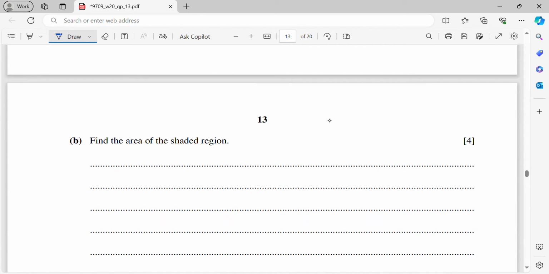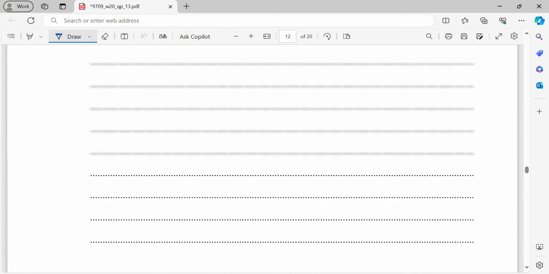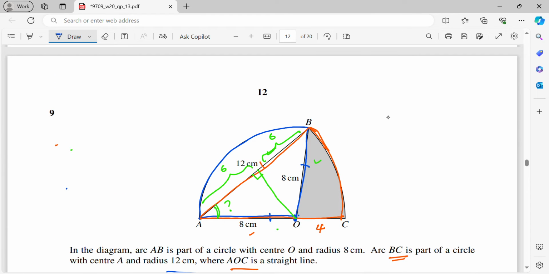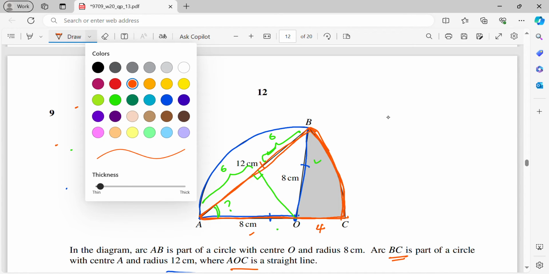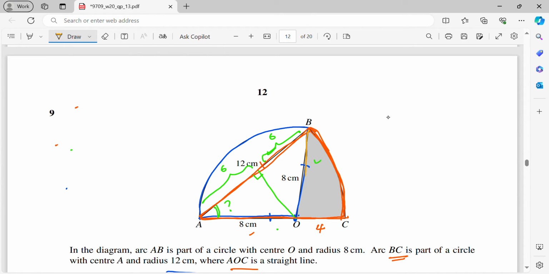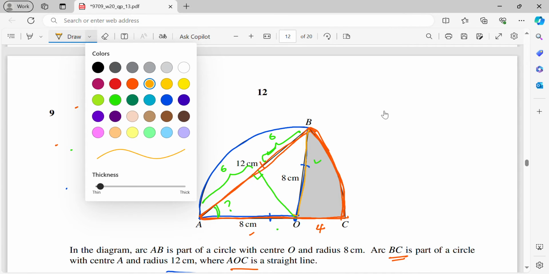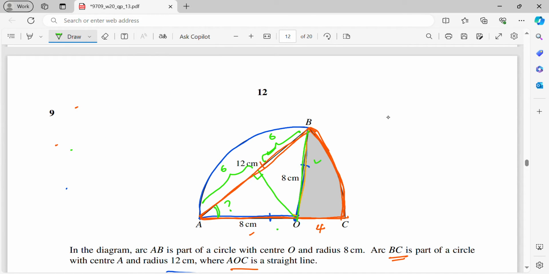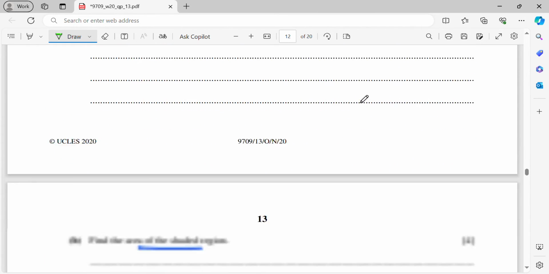Now B, find the area of the shaded region. So look at the diagram. The area of the shaded region is basically the area of this sector, area of sector ABC, then minus the area of triangle, right here, area of triangle ABO. Okay, so now I will just write down that statement first.